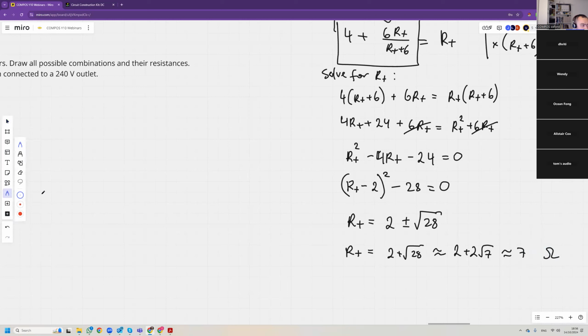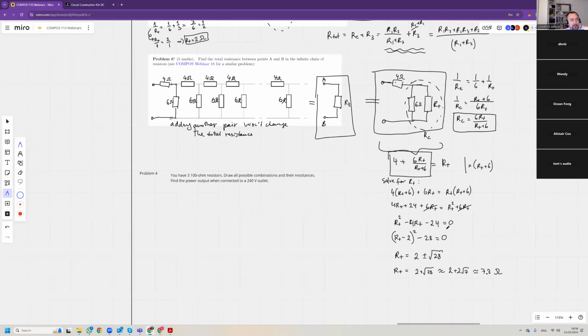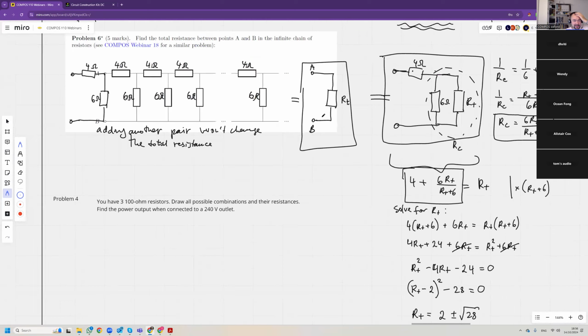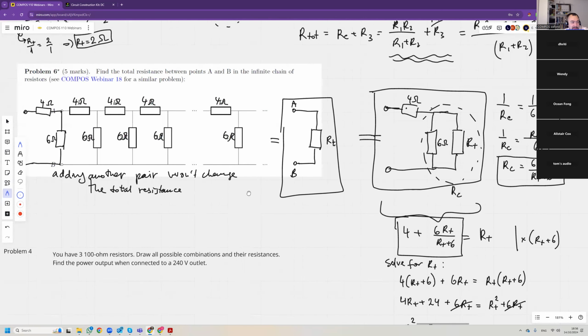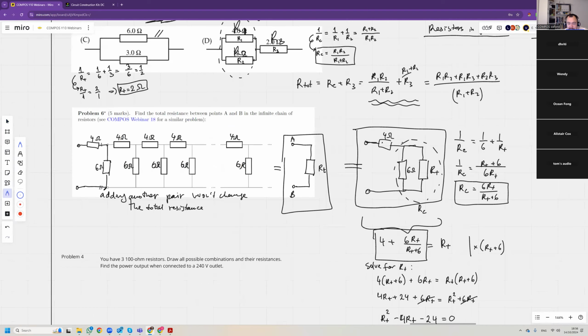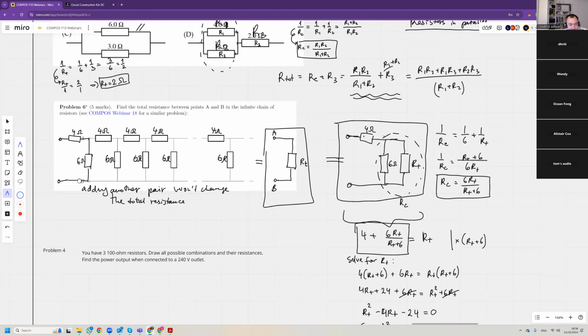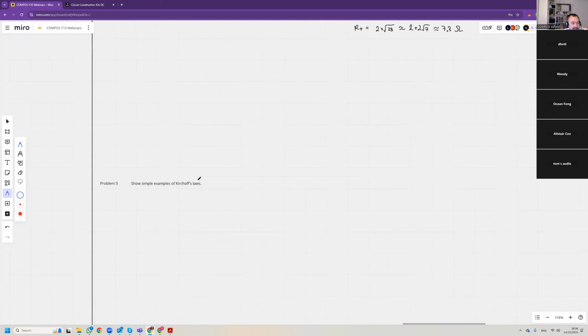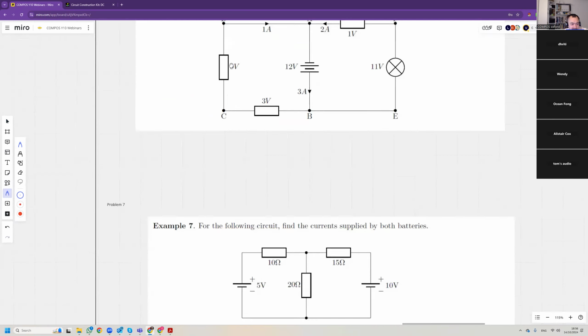Quite close. So yeah, that's how you solve an infinite chain. To solve an infinite chain, all you need to realize is that if you add another one on the left, that doesn't change anything. Okay.